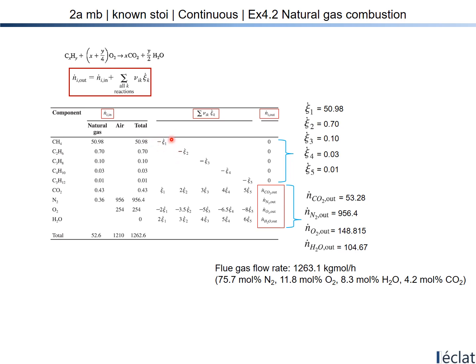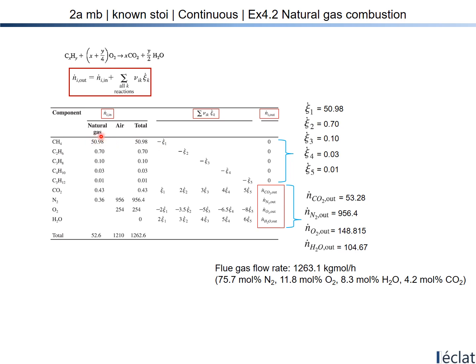The methane is found only in the chemical reaction equation number 1. In that equation, x equal to 1 and y equal to 4. So the generation term is the product of xi1 for the chemical reaction equation 1 with minus 1 as the stoichiometry coefficient.